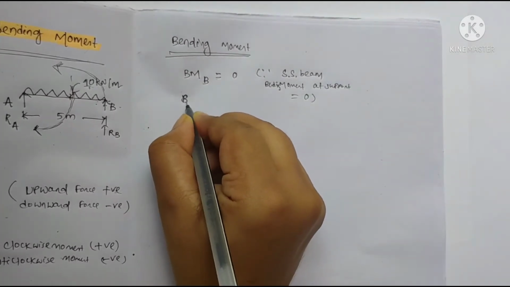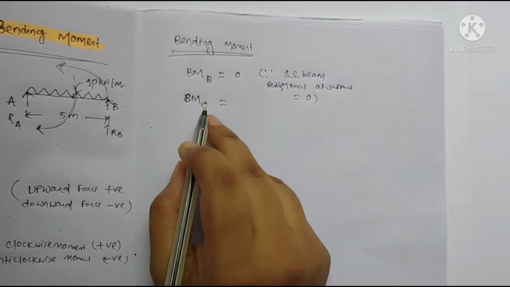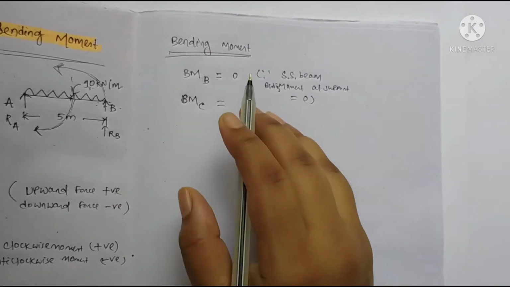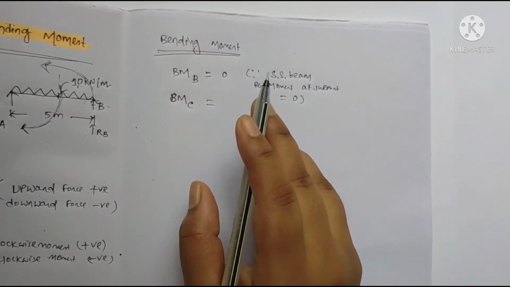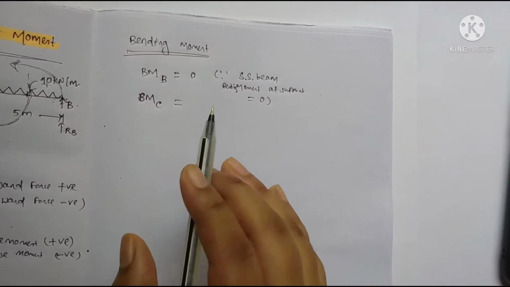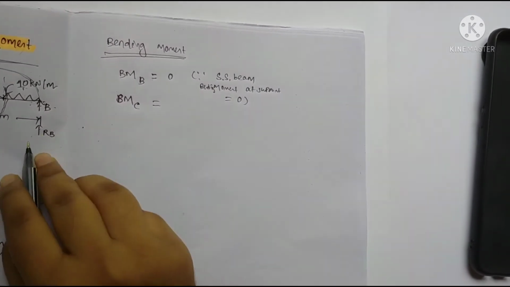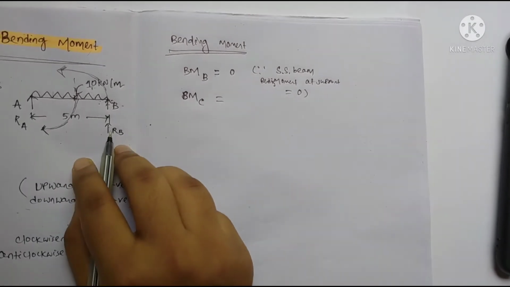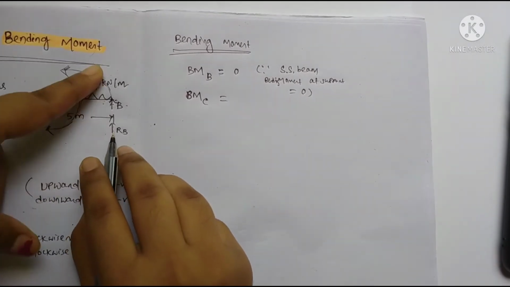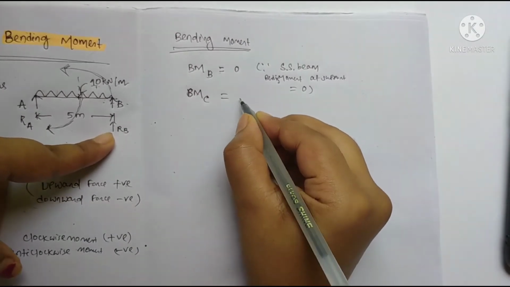So bending moment at point C will be moment equal to force into perpendicular distance. In bending moment we take the sign as: upward force is positive and downward force is negative. So here RB is an upward force, so we take it positive. The value of RB is 25.